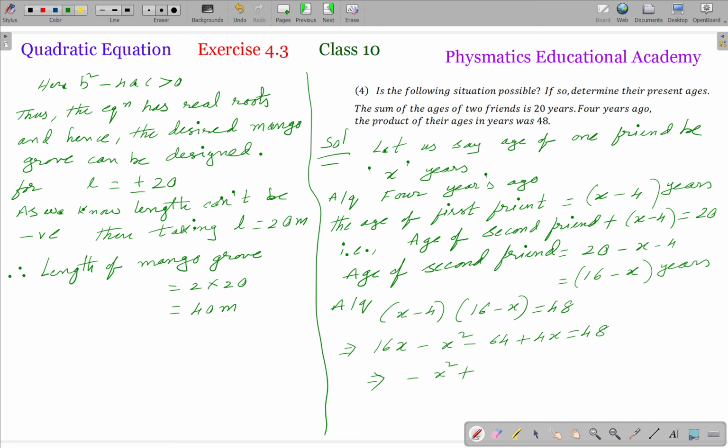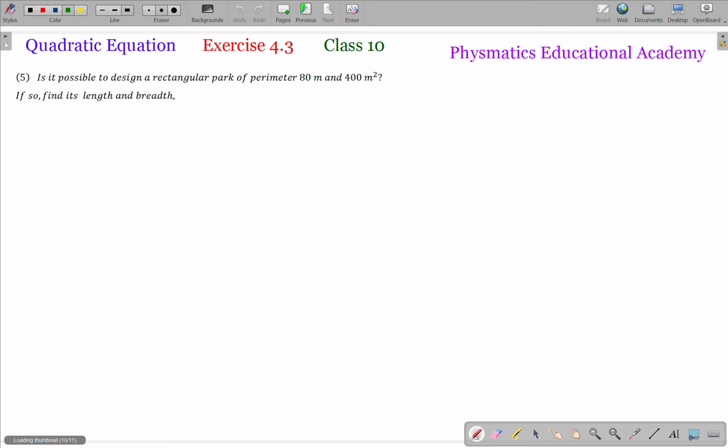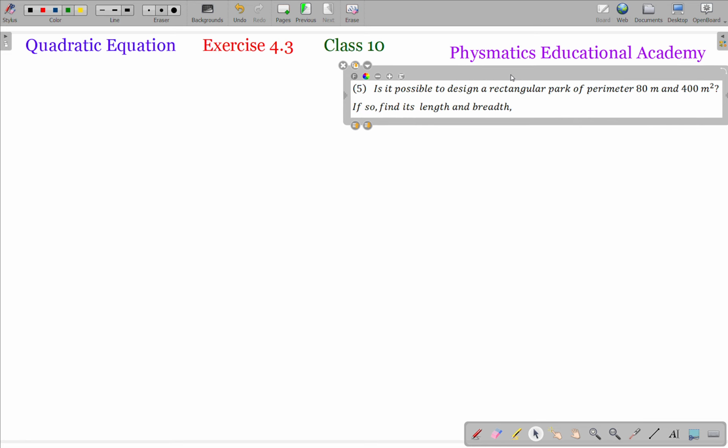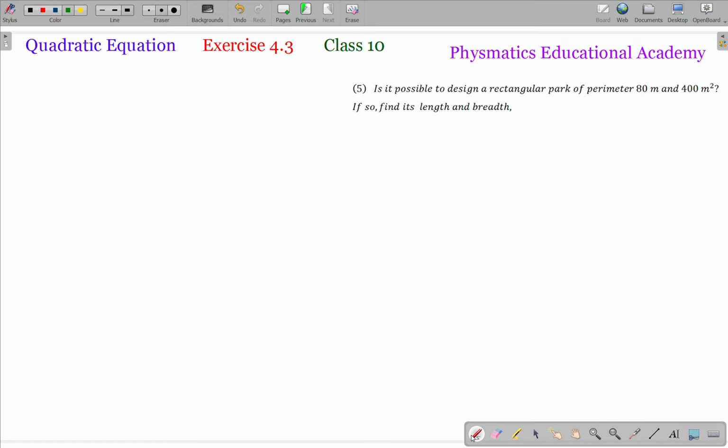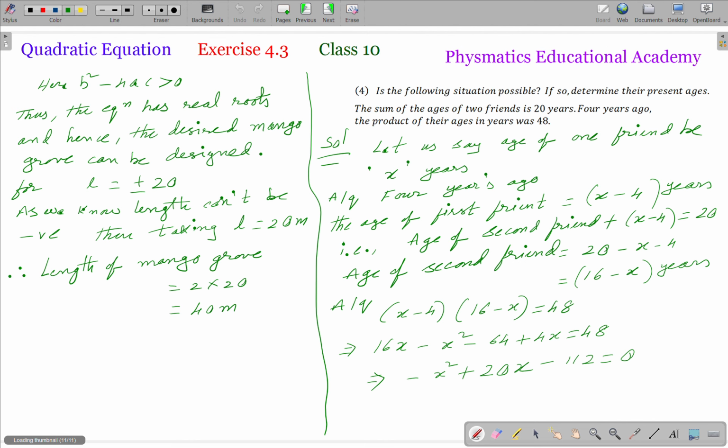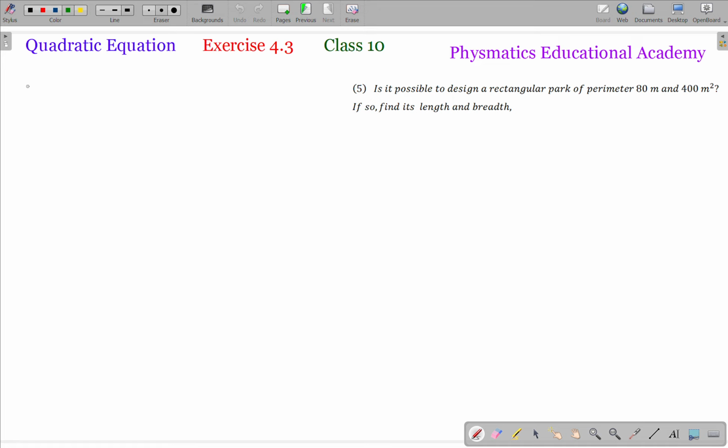That implies minus x square plus 20x minus 112 is equal to 0.